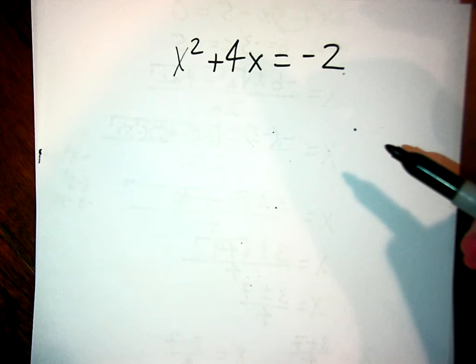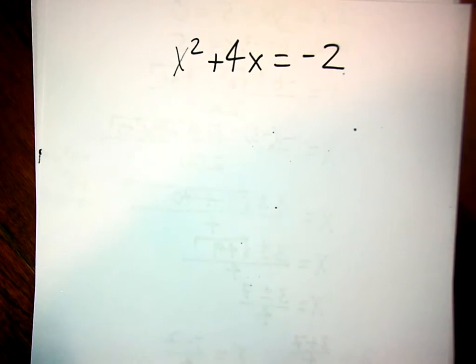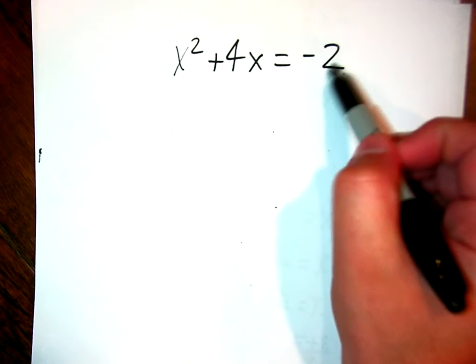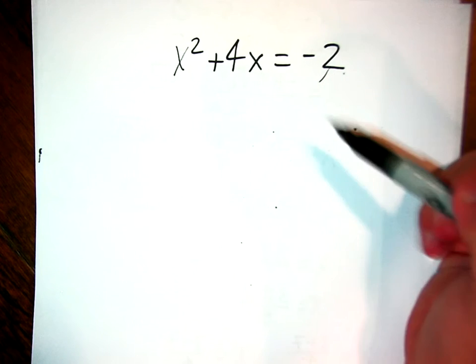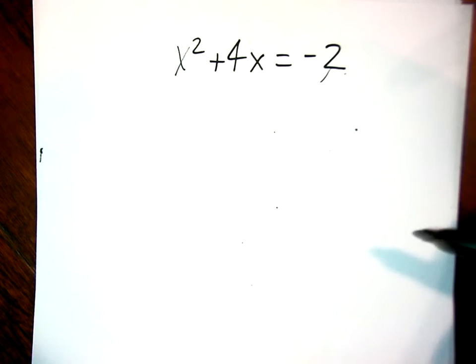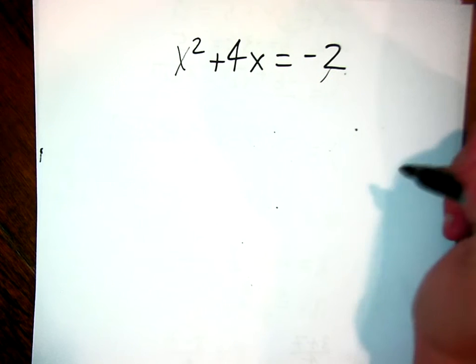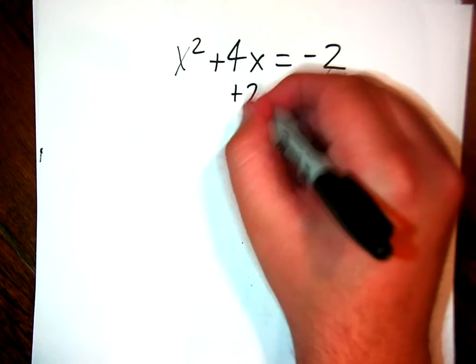So we can make it be in standard form, and we can force it to equal 0 by moving this 2 here to the other side. So let's go ahead and move this 2 to the other side of the equal sign to get all of our terms on the same side. In order to move this term, I have to utilize inverse operations and add 2 to both sides of the equation.